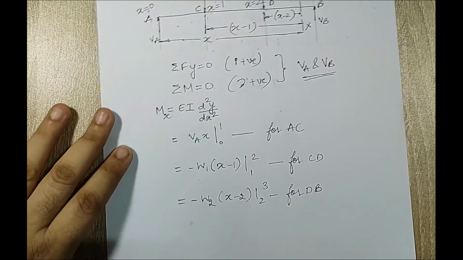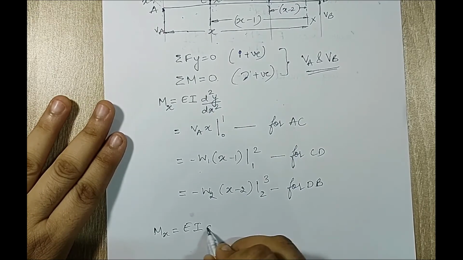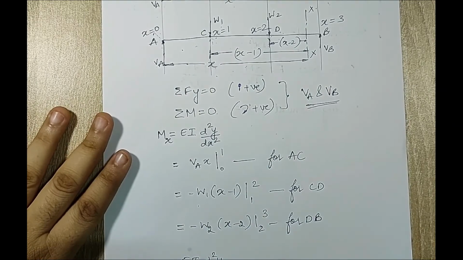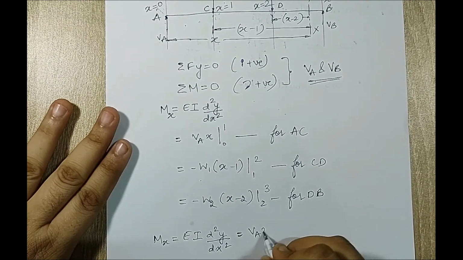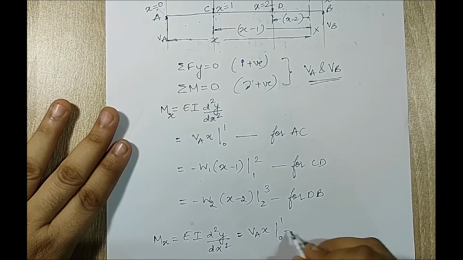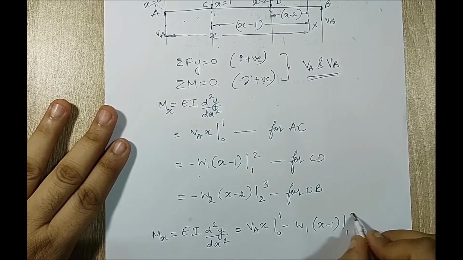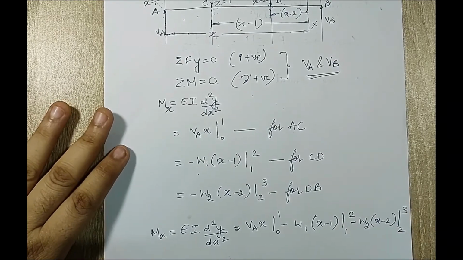But when you write the equation of Mx, it is actually EI d square y by dx square. I'm actually going to club up all the three equations. So this will be equal to VA into x from 0 to 1, minus W1 into x minus 1 from 1 to 2, minus W2 into x minus 2 from 2 to 3.